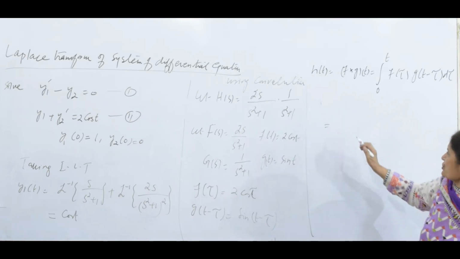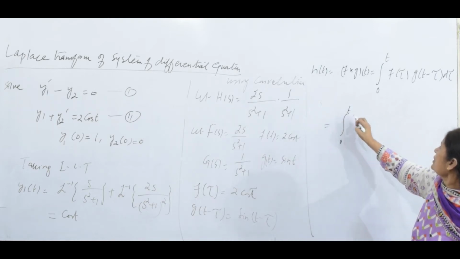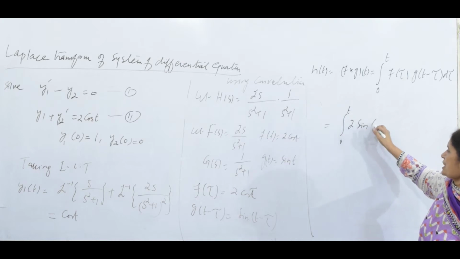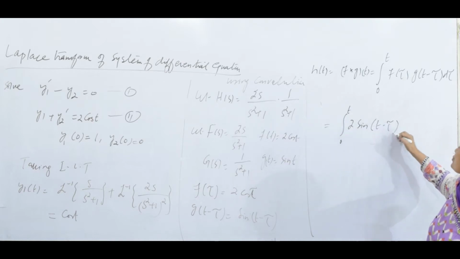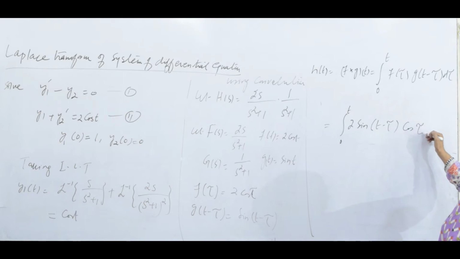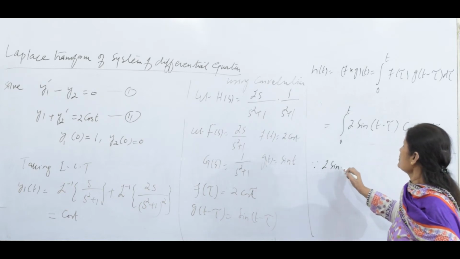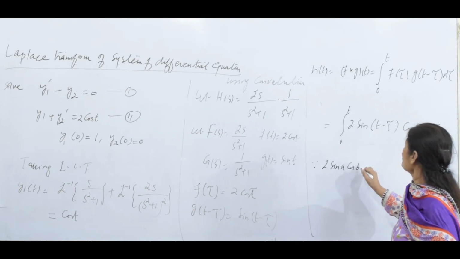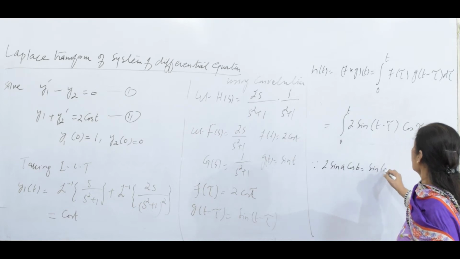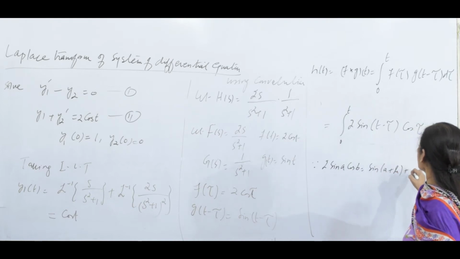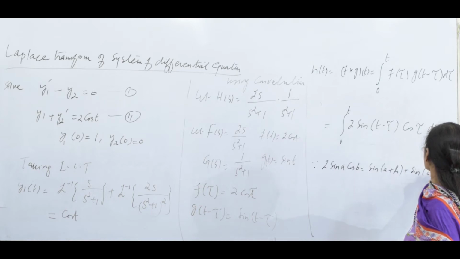So putting in the values, the integral from 0 to t of 2 sin(t minus tau) cos tau d tau. Now 2 sin a cos b is sin(a plus b) plus sin(a minus b).